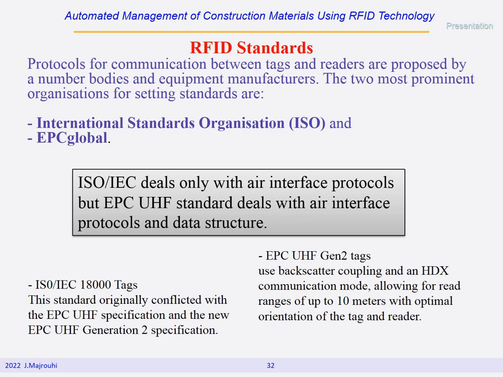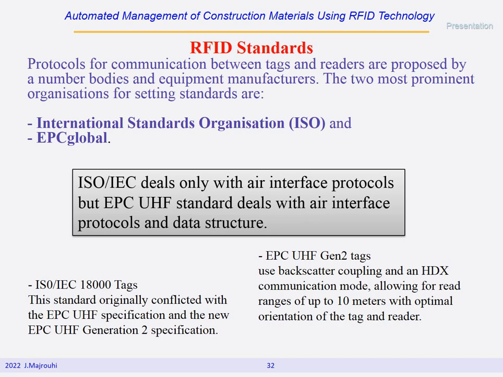ISO/IEC deals only with air interface protocols, but EPC UHF standard deals with air interface protocols and data structure. ISO/IEC 18000 tags. This standard originally conflicted with the EPC UHF specification and the new EPC UHF Generation 2nd specification.